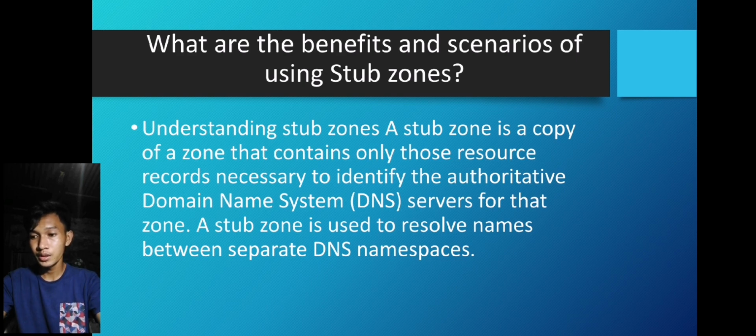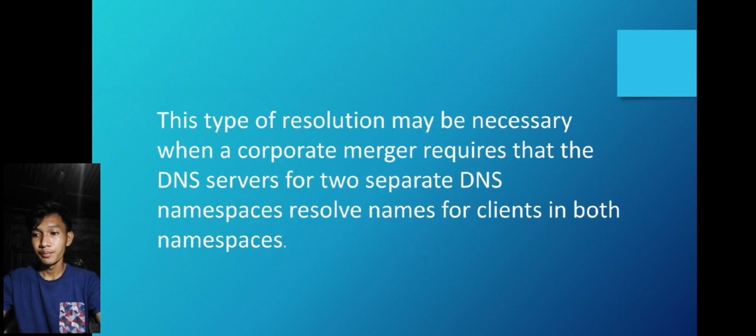A stub zone is used to resolve names between separate DNS namespaces. This type of resolution may be necessary when a corporate merger requires that the DNS servers for two separate DNS namespaces resolve names for clients in both namespaces.